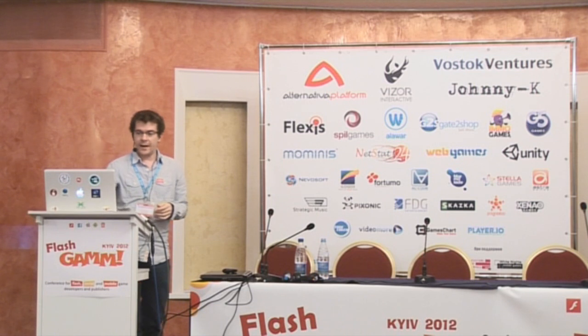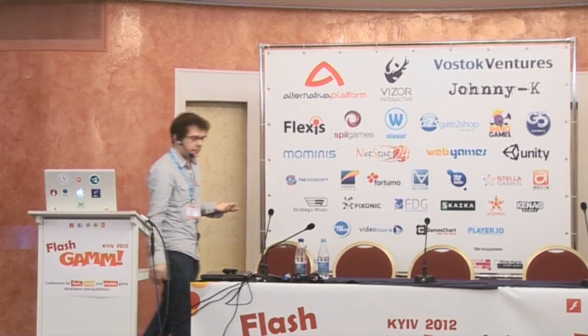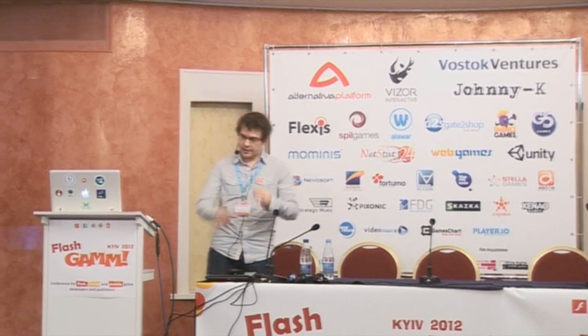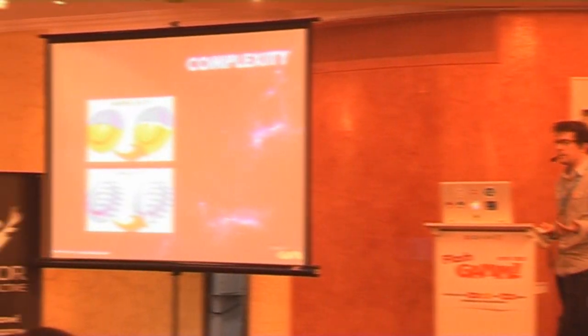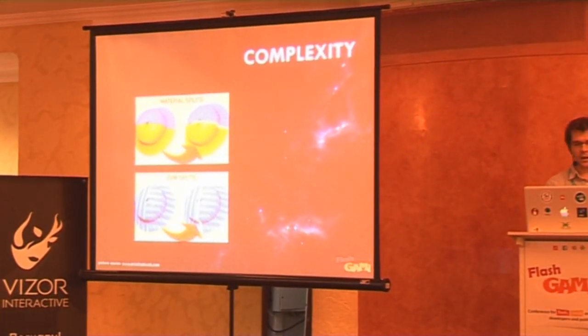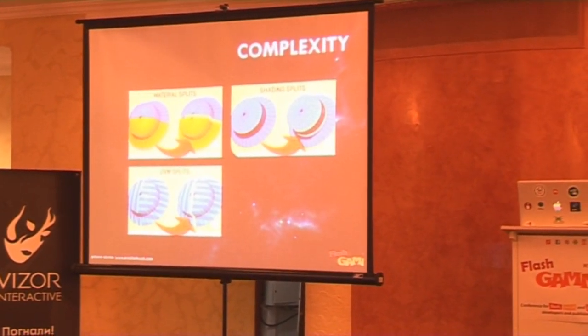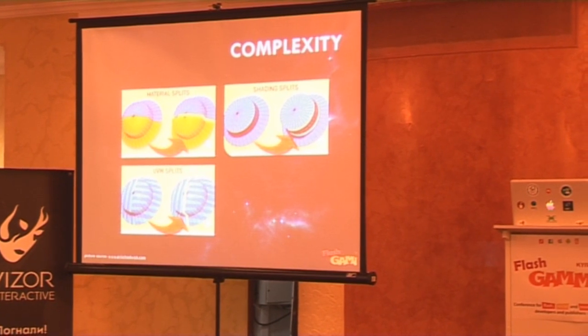Similarly, if you have different UV information along a seam of your model, then these will also be split in the GPU. There's also a similar situation with shading groups, or smoothing groups, as some people refer to them.